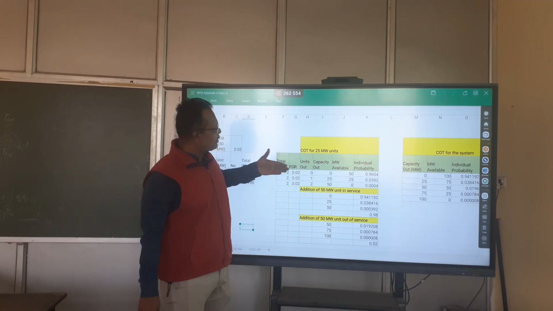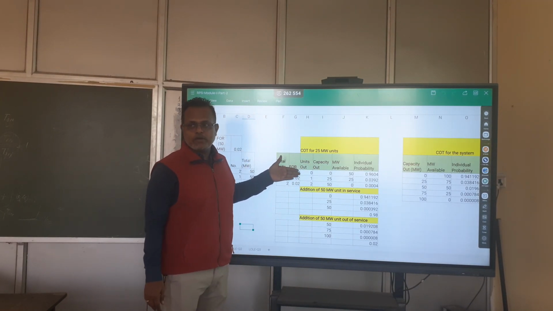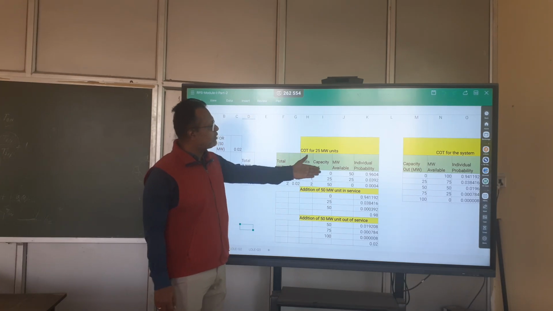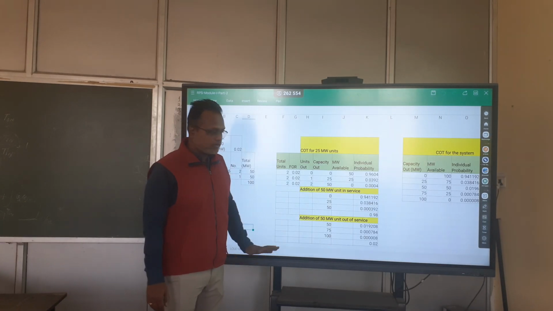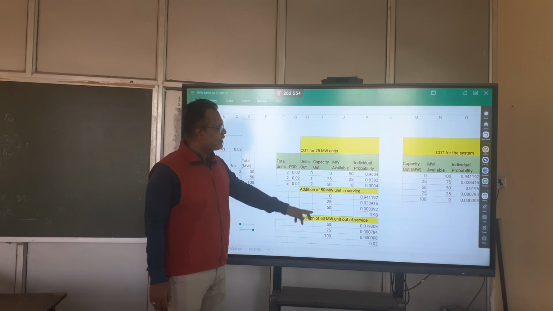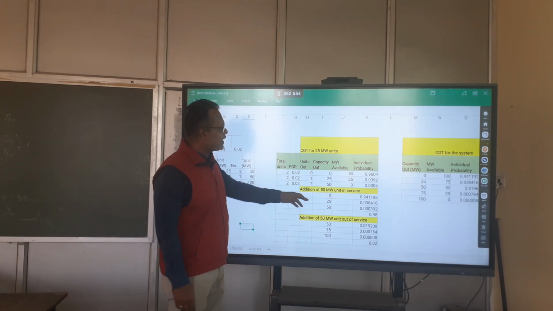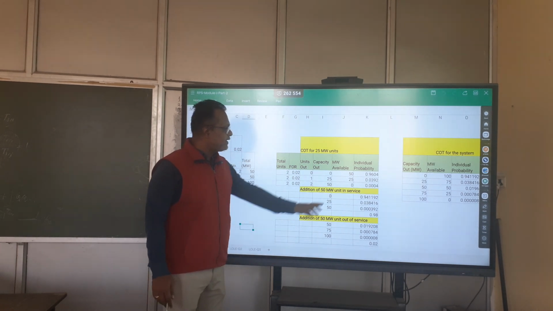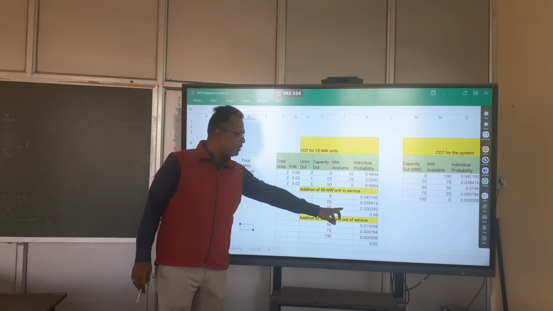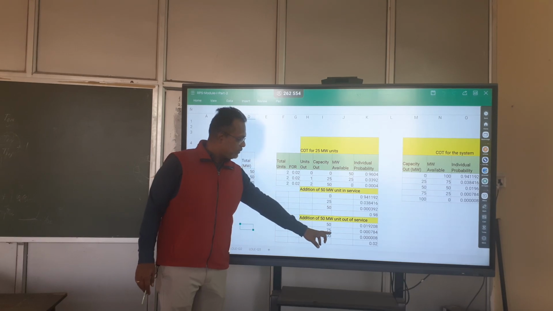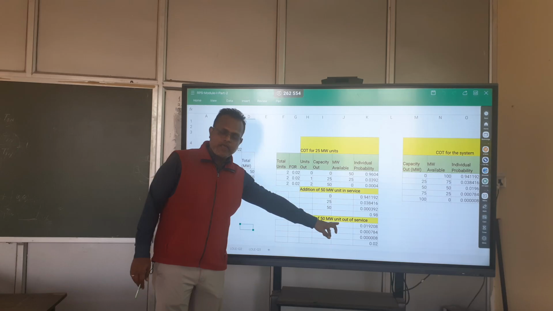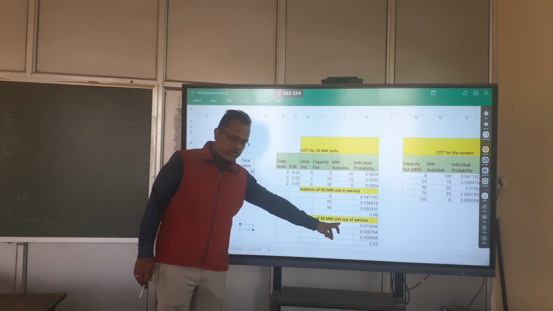First, you prepare for only the two 25 megawatt units. Either unit 0 is out, or 1 is out, or 2 is out. In that case, the capacity out is 0, 25, and 50. Now work this way: 50 megawatt in service, 50 megawatt out of service. When the 50 megawatt is in service, the available capacity is 50, 75, and 100 megawatt. Similarly, with the 50 megawatt out of service, this is only 50 megawatt.